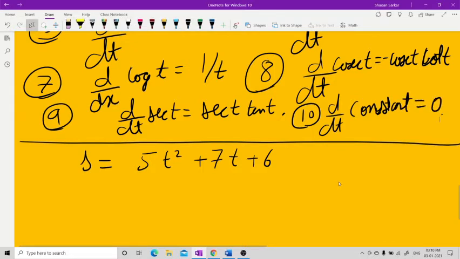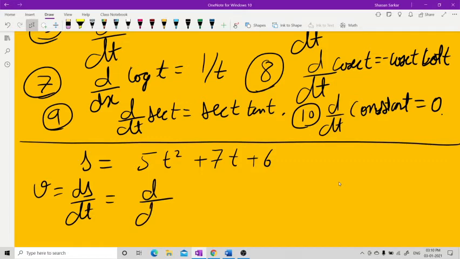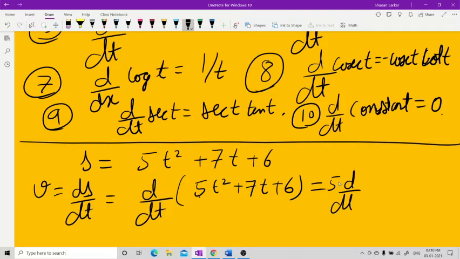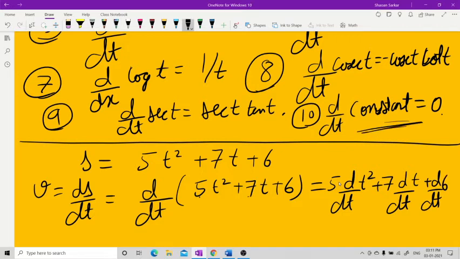Now, you want to find velocity. Velocity is ds by dt. So you do d by dt of 5t square plus 7t plus 6. Now 5 is a constant, take it out: 5 d by dt of t square. 7 is a constant, take it out: d by dt of t, and d by dt of 6, being a constant, according to this rule will be 0.